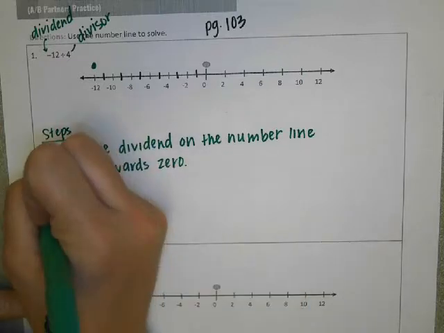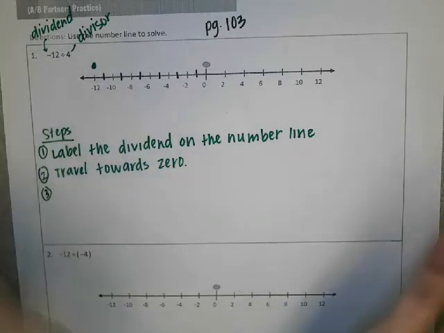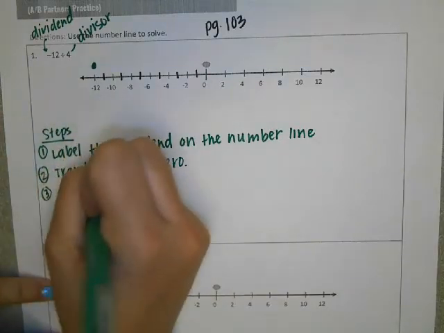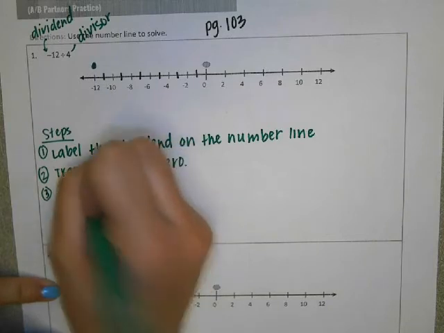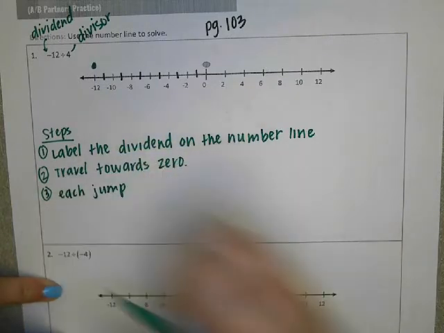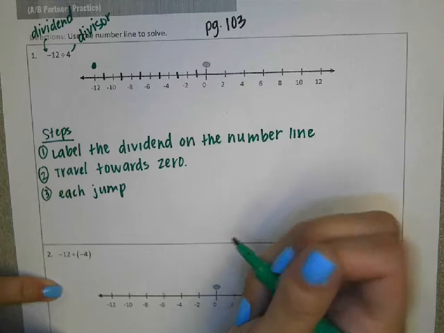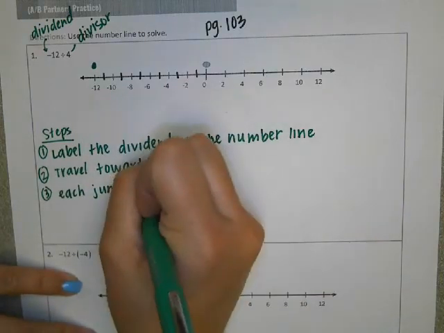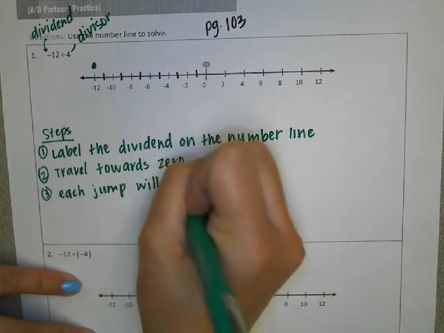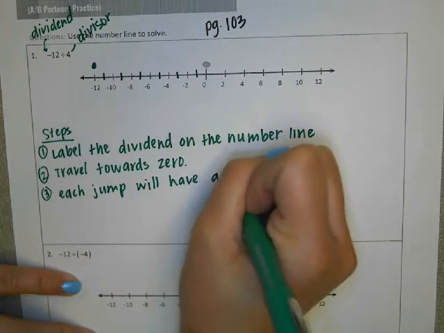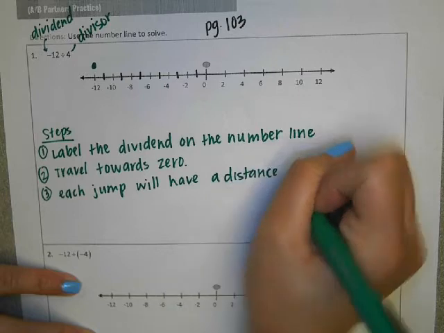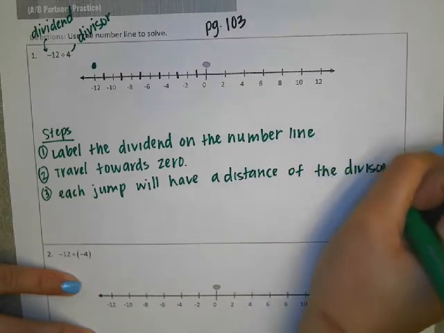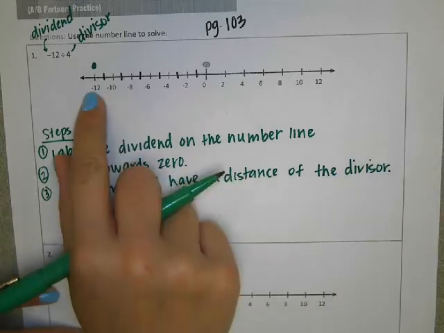So step 3 is each jump is what I'm going to call it. Each jump will equal the divisor, and that just means we'll have a distance of the divisor. So what that just means is that each jump is going to be traveling 4.